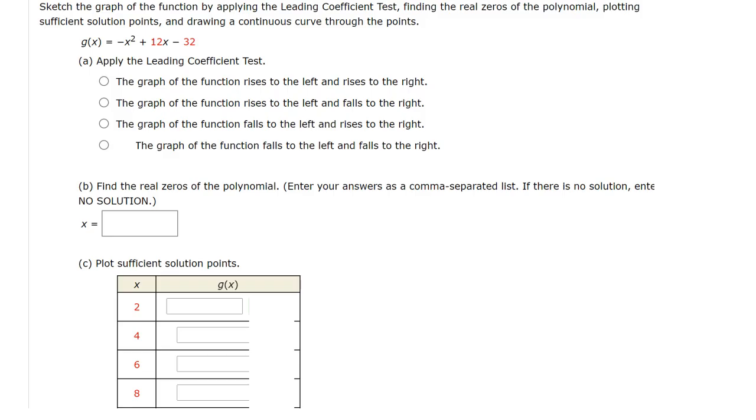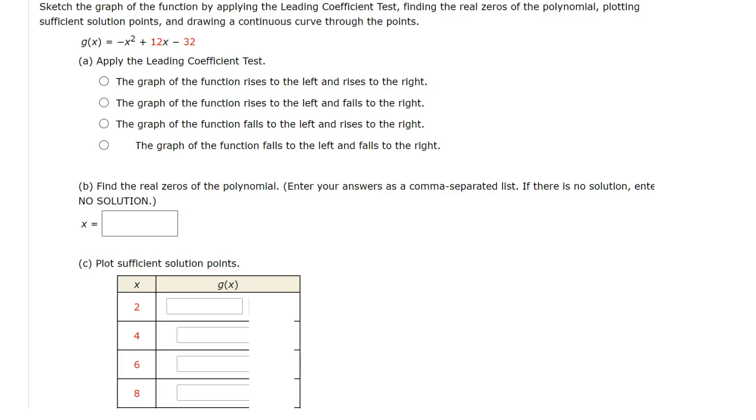The degree of a polynomial is the highest exponent in the function. In this case, the highest exponent is the x squared. So this is my leading term, the x squared. The leading coefficient of my leading term is the value in front, which is a negative 1.